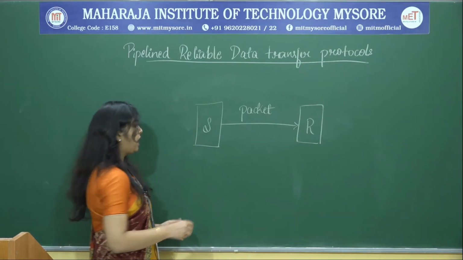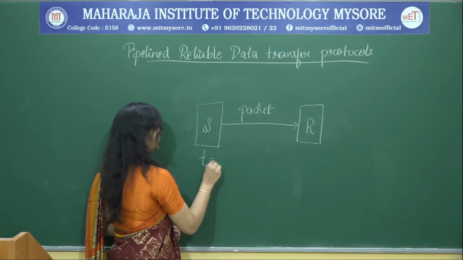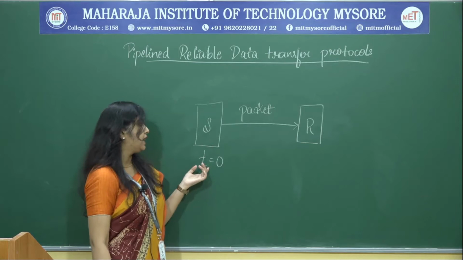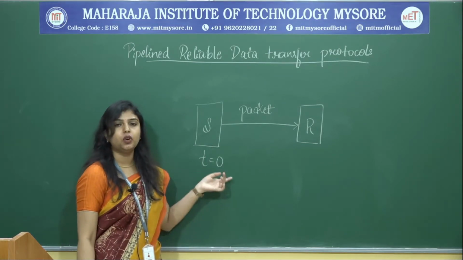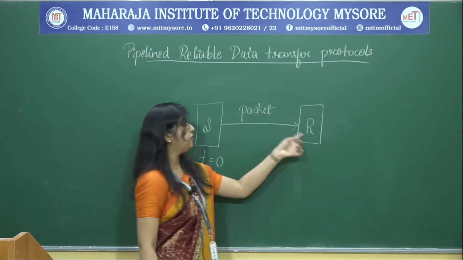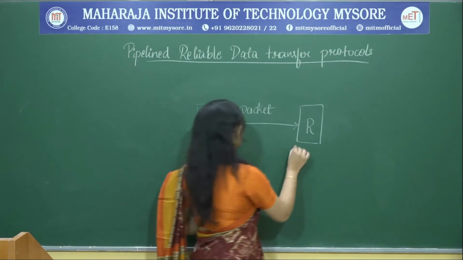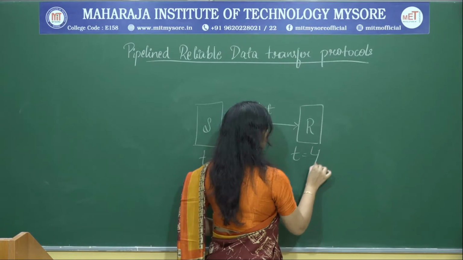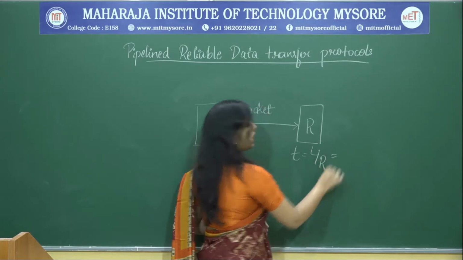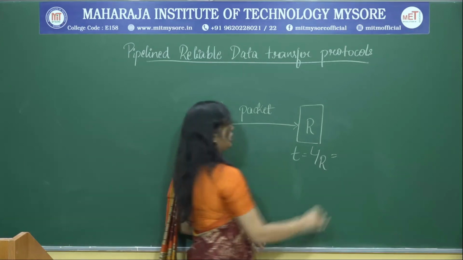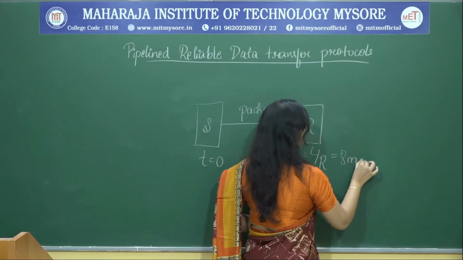Suppose the packet is sent from the sender at t equal to 0. Then the receiver will receive the entire bits of the packet at t equal to L by R, which, as we saw in the formula, is 8 microseconds.